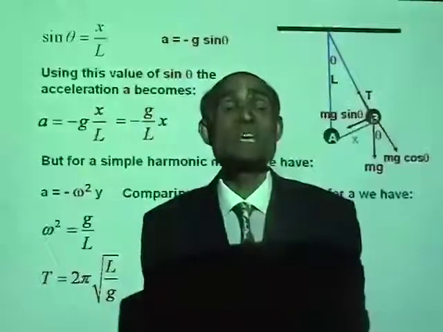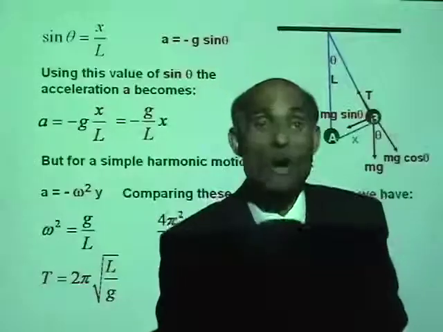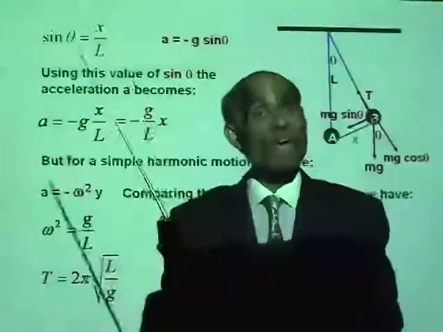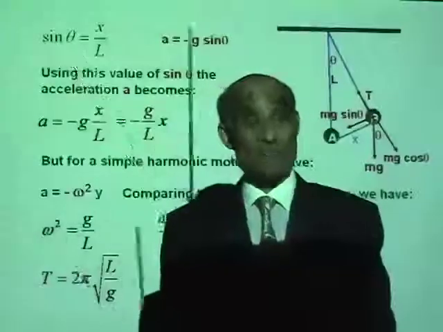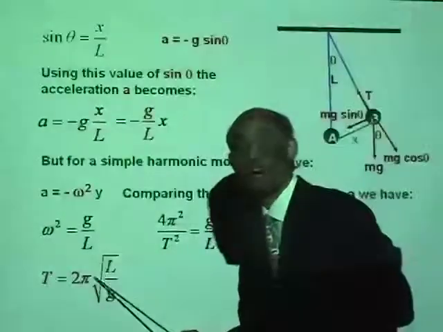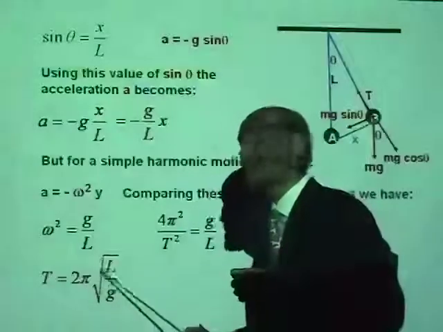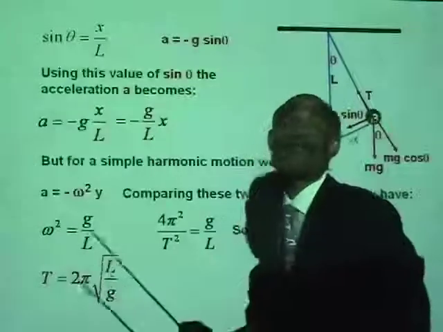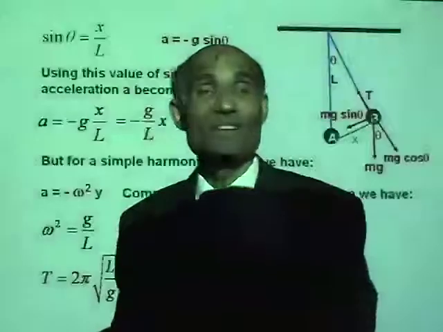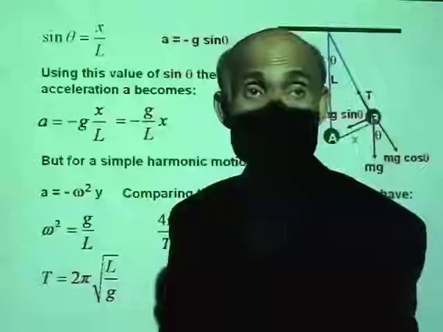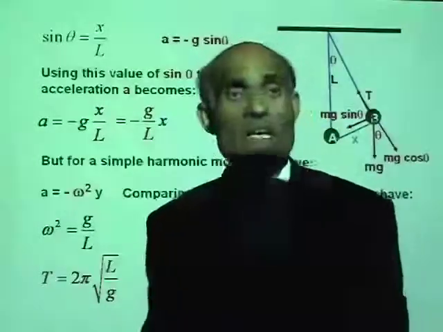T is 2 pi square root m over k. Alright, look at the period of oscillation of a simple pendulum. T equal to 2 pi square root L over g. They are similar, is that right? Alright, you must be familiar with these equations.